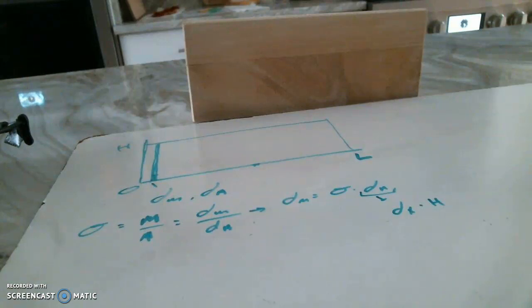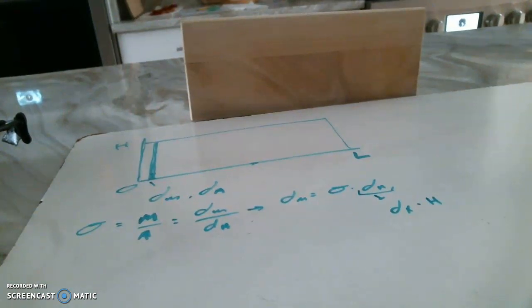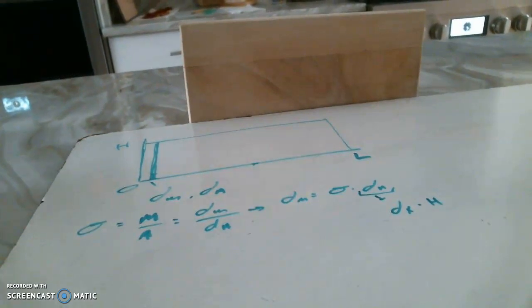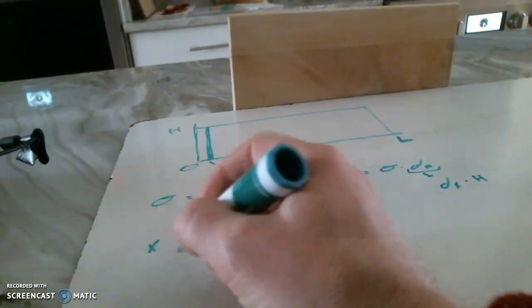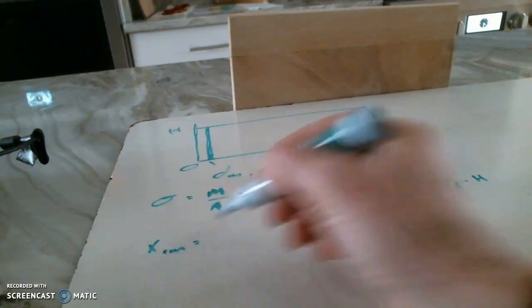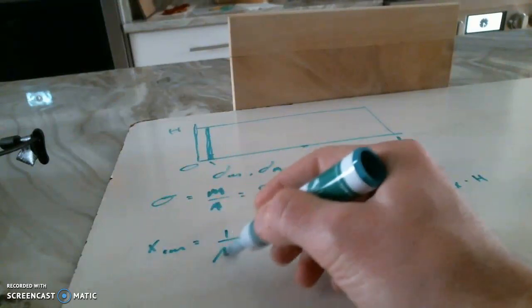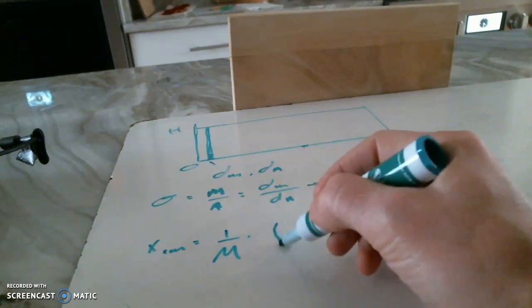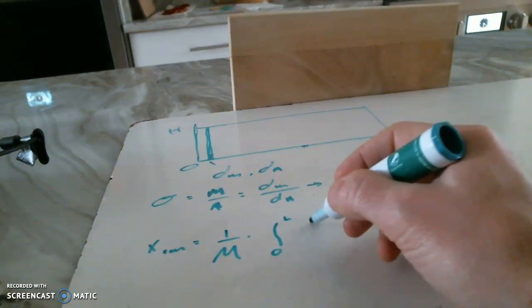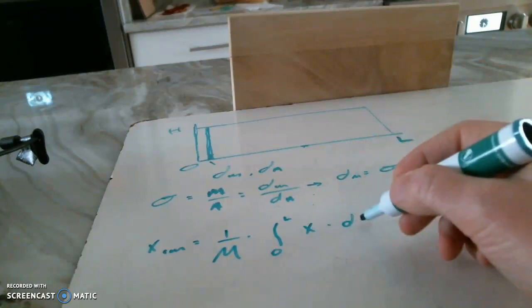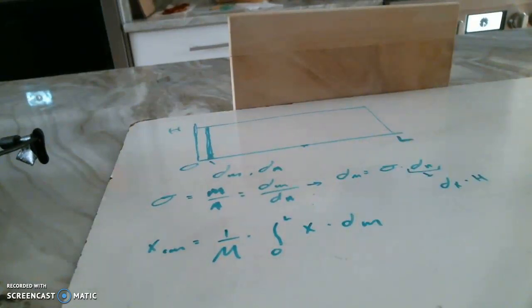So our x center of mass, again, we will end up calculating the same way we've done before. The x cm is simply 1 over the mass of the whole thing multiplied by the integral from 0 to L of x dm. All right, same formula we've used before.